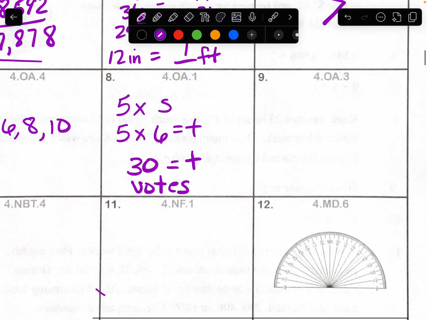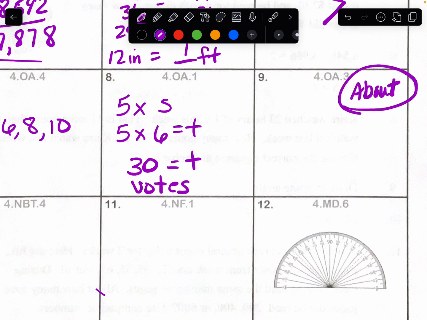Number 9, the Carrot Inn attracted 153 guests on weekend 1 and twice that many on weekend 2. About how many people stayed over the course of 2 weekends? All right, so that word about, A-B-O-U-T, this means you are going to estimate. So on the first weekend, we have 153 guests and twice that many on weekend 2.